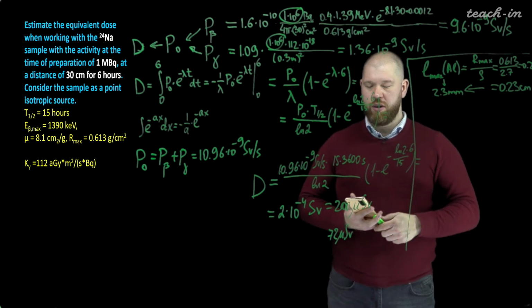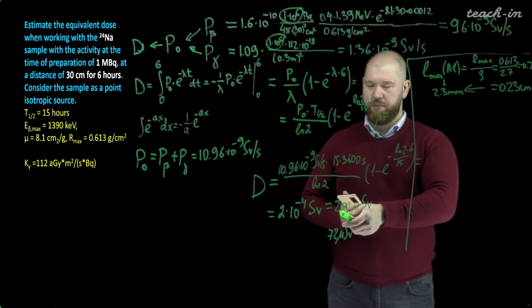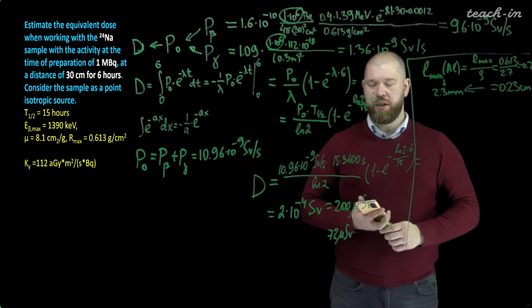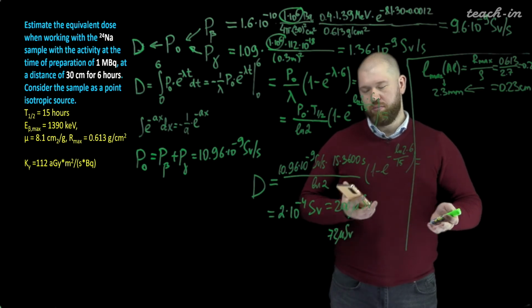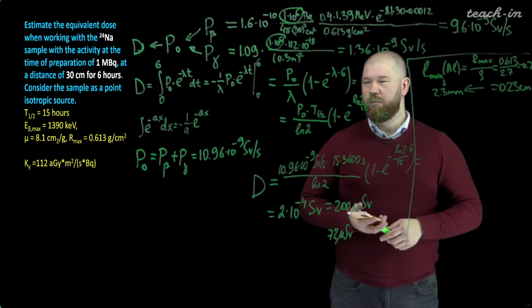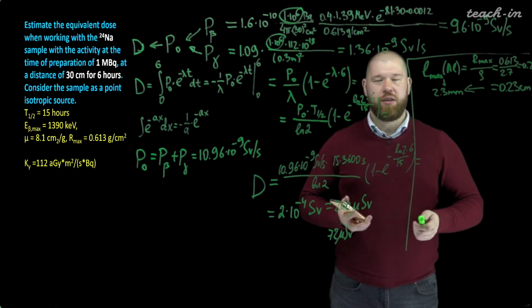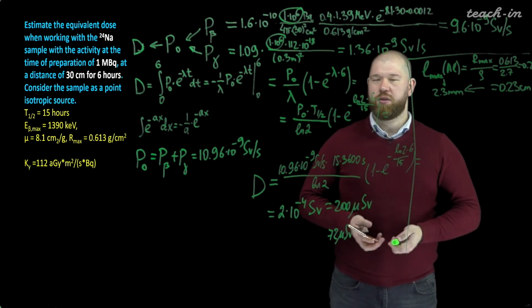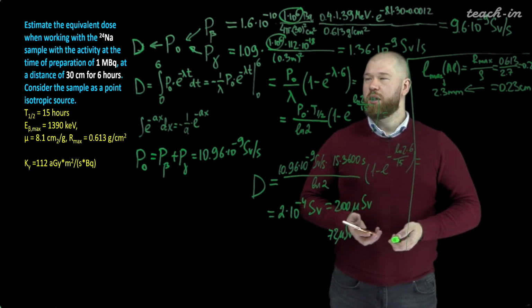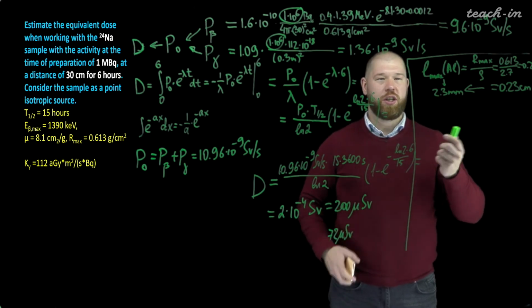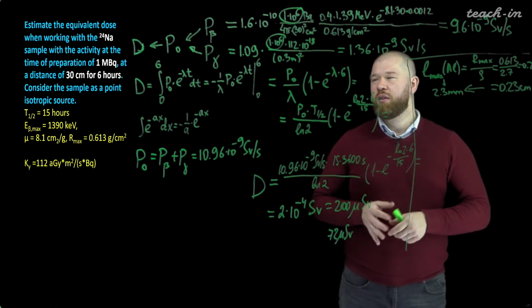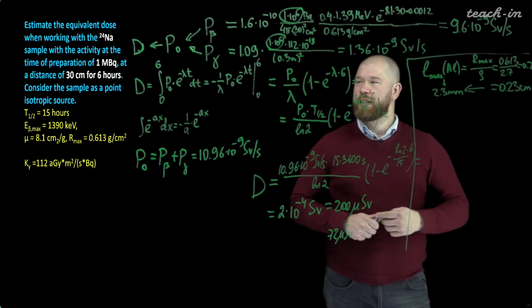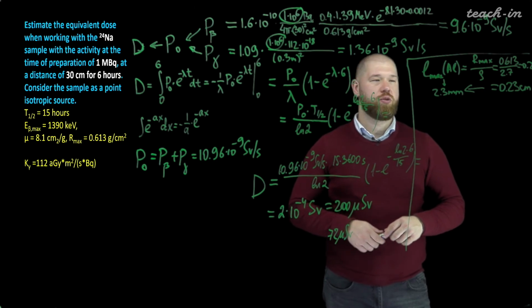If we do it, that means that our equivalent dose will be equal not to 200 microsievert, but to only around 20 microsievert or something like that. In any way, it will be lower than the maximum allowed equivalent dose. And with the use of such a thin shield, we can ensure the safe operation with such a radionuclide.